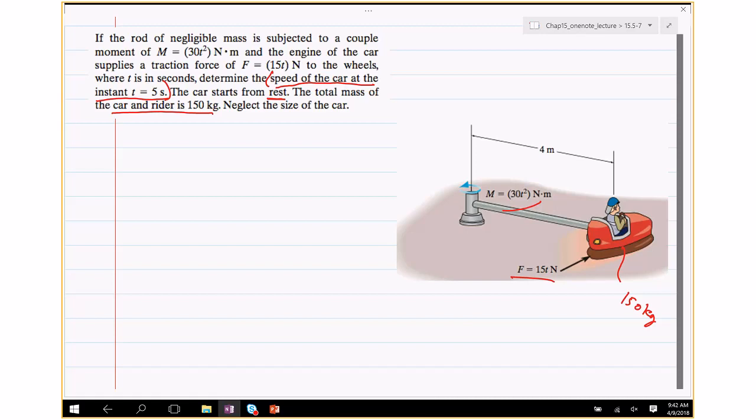Things are spinning in circles here, so you're better off using angular impulse and momentum. Once you make that decision, it's quite easy to solve this problem. So I'm going to write that down so you have that when you're refreshing your notes.